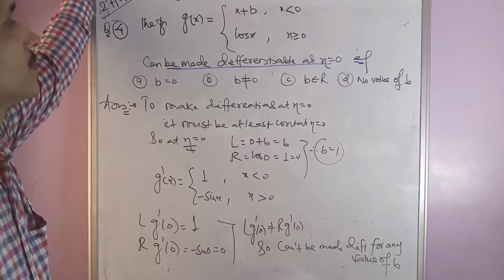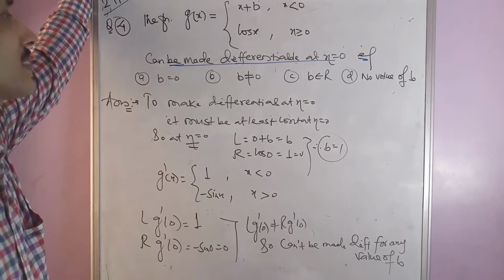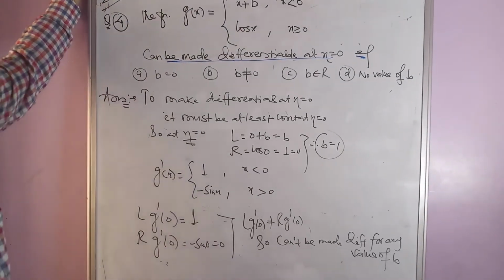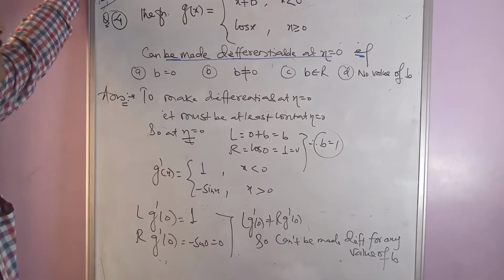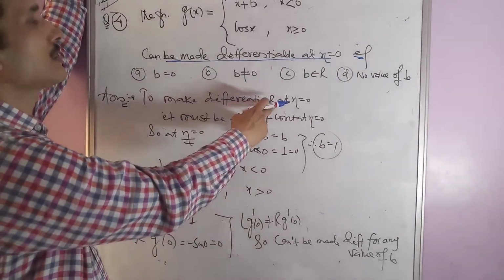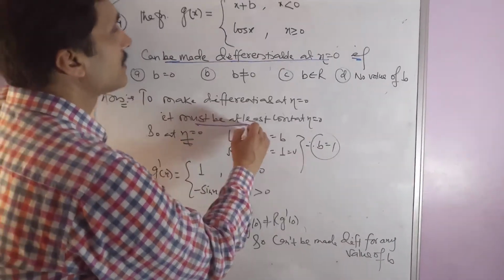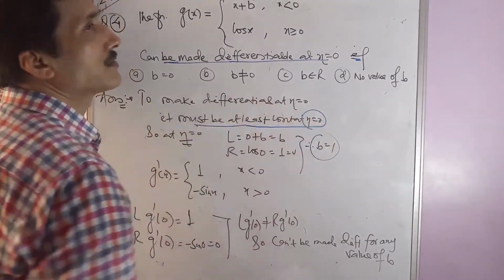If a function is differentiable, this implies it is necessarily continuous. So to make it differentiable at x equal to 0, it must be at least continuous at x equal to 0.